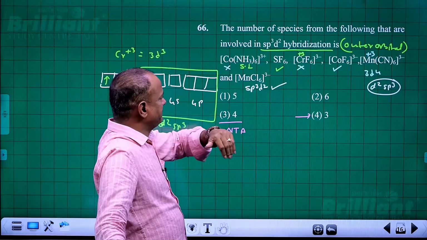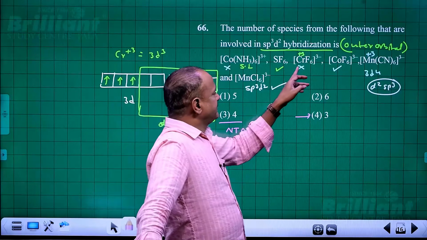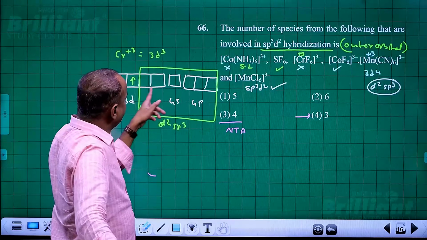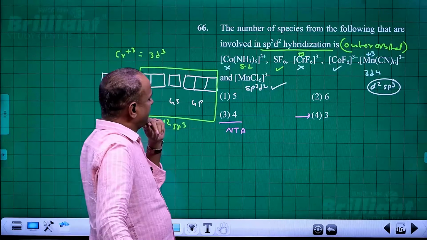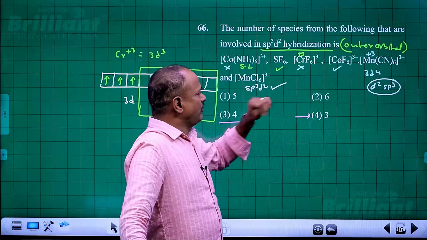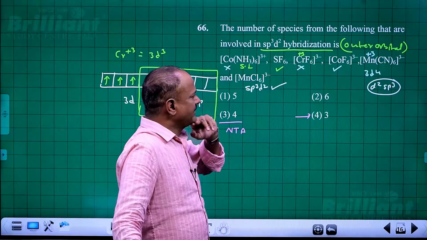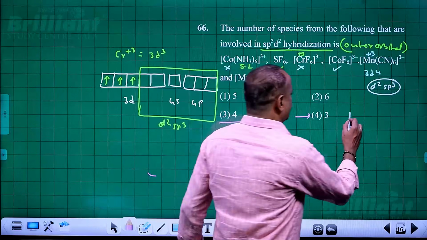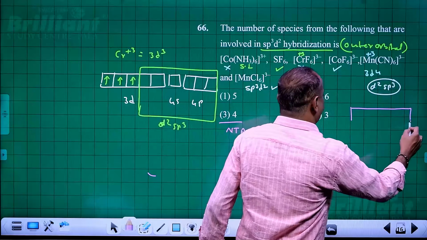CrF6 is d3, so normal, d2sp3, because up to d3 there is no effect of ligands. CoF6, okay, weak ligand. Mn(CN)6 is d2sp3 because d4 undergoes one electron pairing.